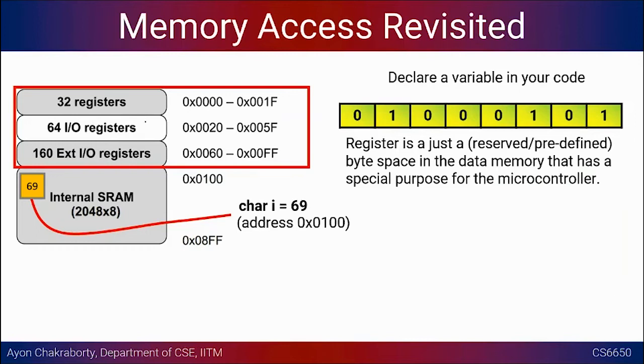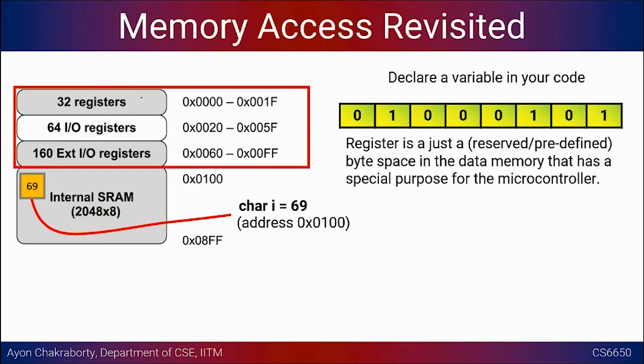So we remember from last class, when we talked about this memory architecture, we had this SRAM, but before we start storing the program data, there are some other things that are also used, right? So one is the general purpose registers. There are 32 general purpose registers. There are 64 input output registers, and then there are 160 external input output registers.